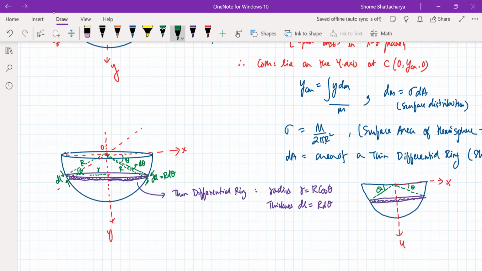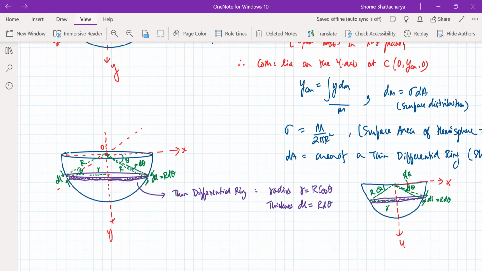So this radius here becomes R cos theta. And this thickness becomes R d theta like this.